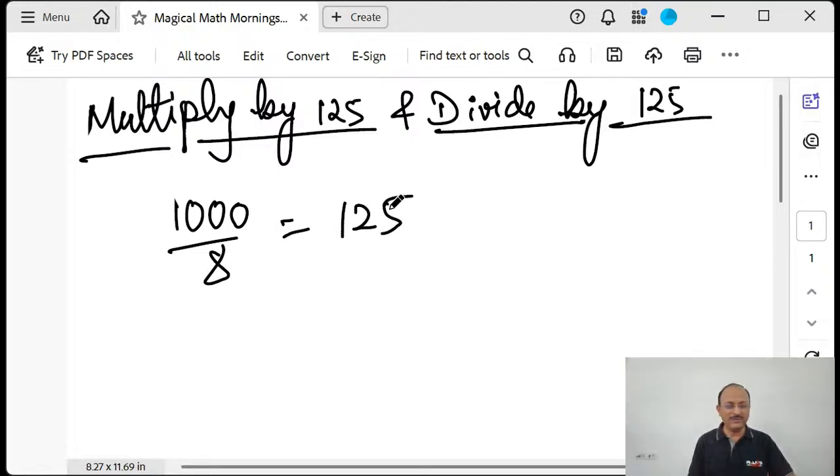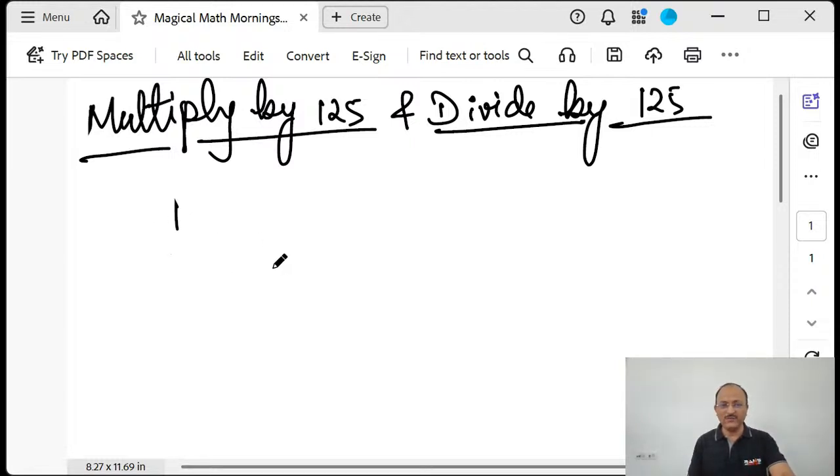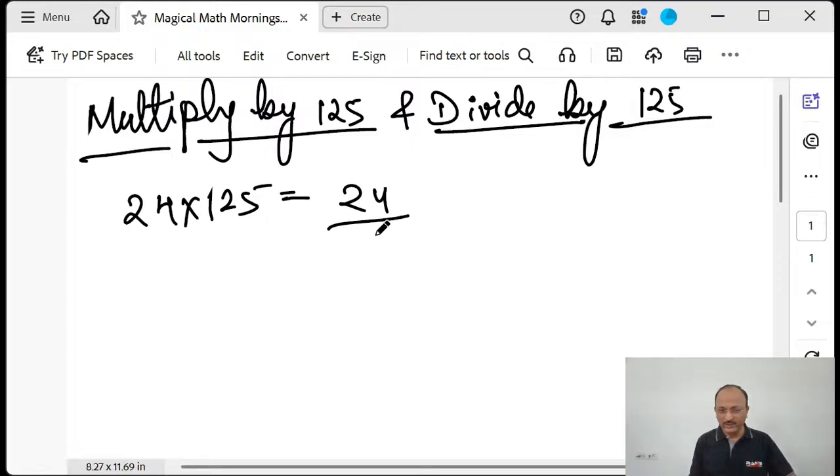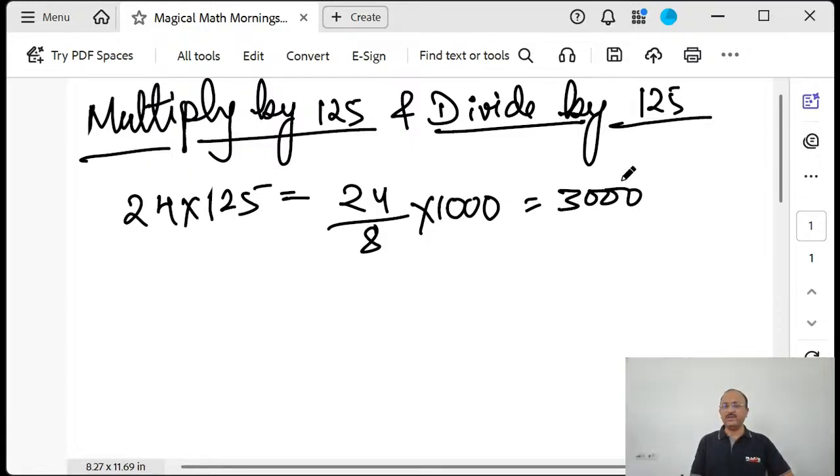So for multiplying with 125, what do we do? We divide by 8 and then multiply by 1000. Let's start with a simple number like 24. 24 into 125, what do you get? 24 divided by 8 into 1000. That's it. 24 by 8 is 3. 3 into 1000 is 3000. Instead of multiplying by 125, directly we can write 3000.